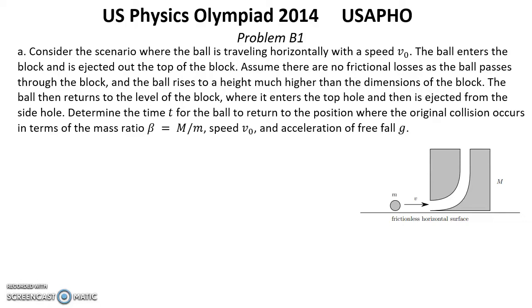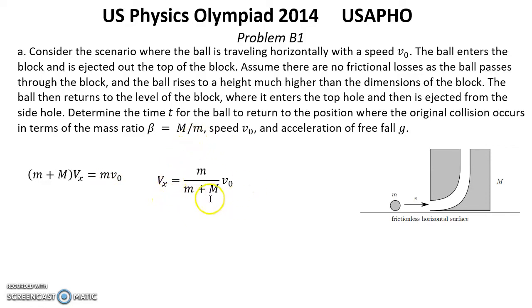That will be momentum conservation: (m + M) multiplied by Vx, where Vx is a common horizontal speed, equals the initial momentum, which is m multiplied by V0. And from here we can find Vx.